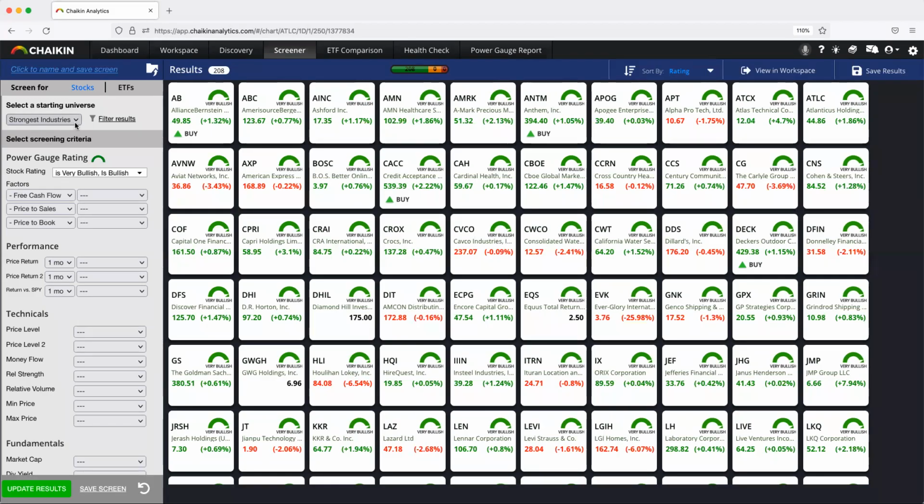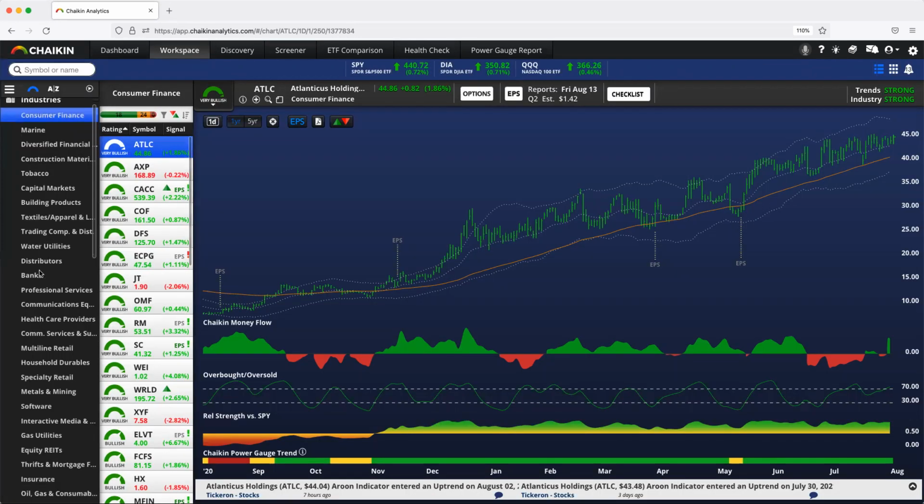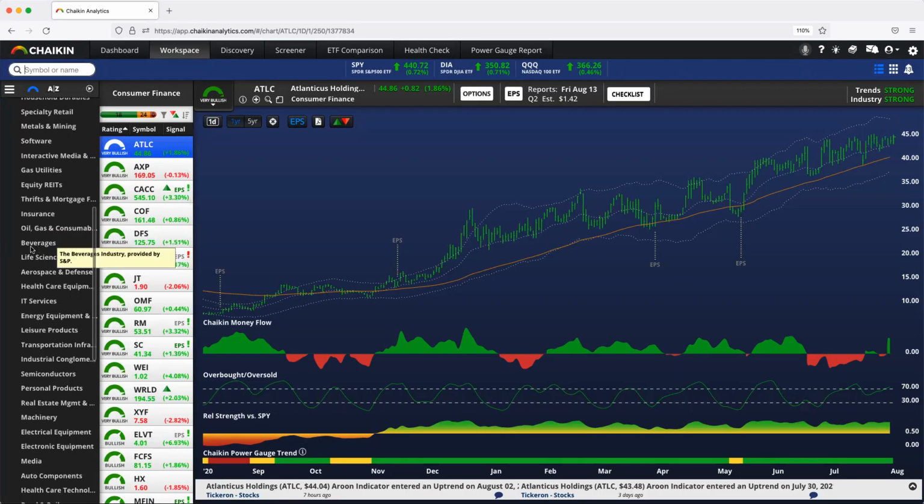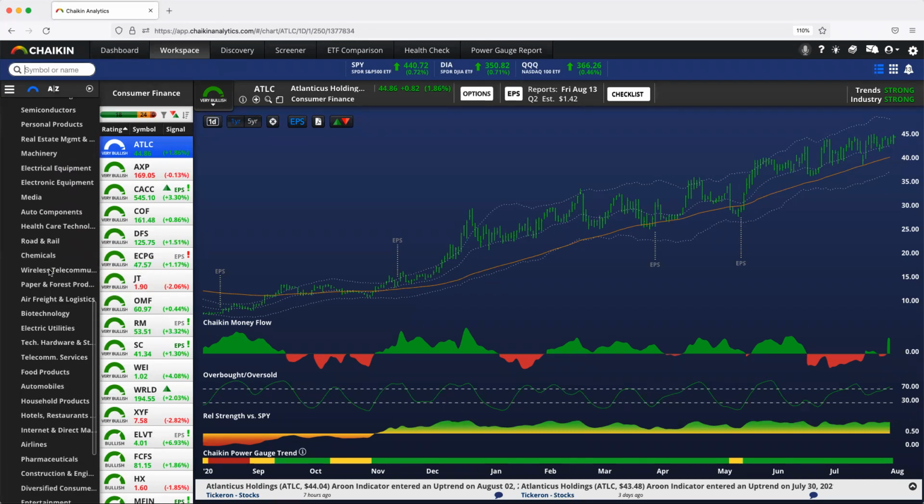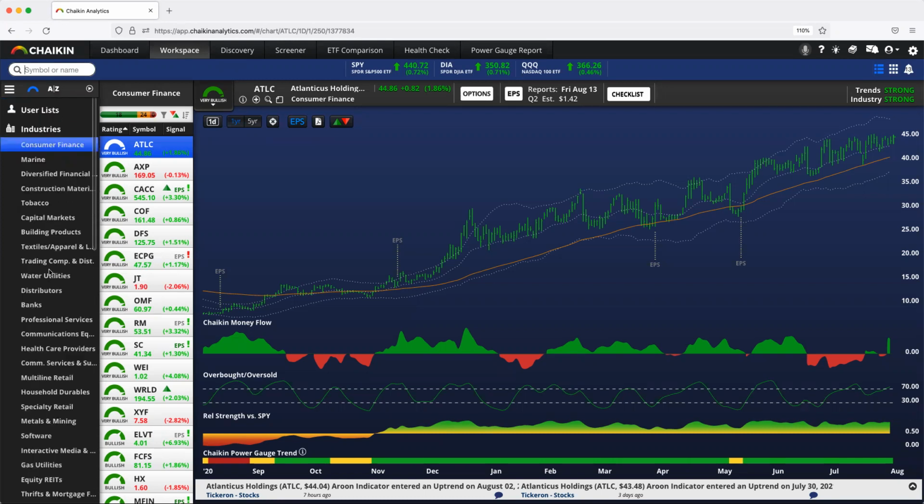So we're only looking inside stocks, for stocks inside those industry groups. So you're not going to find any stocks down here in oil and gas consumables or beverages, et cetera, down in the middle to the lower part of this list. Only the very, very top.